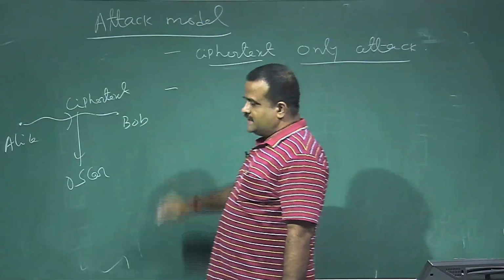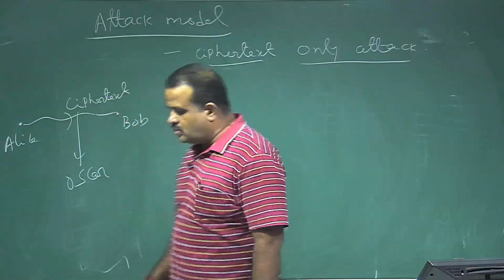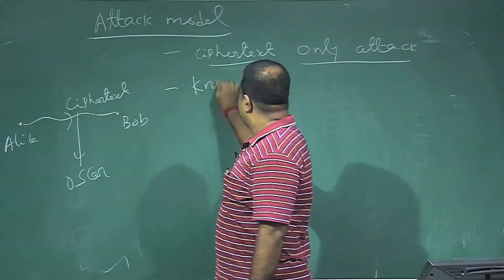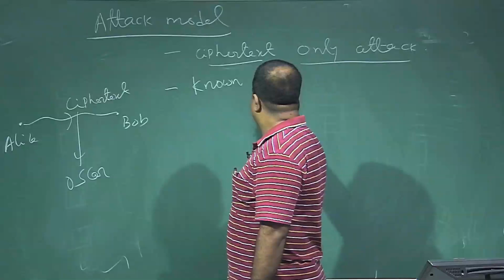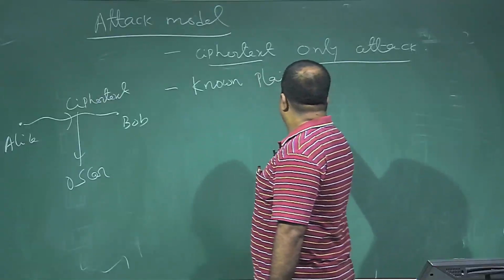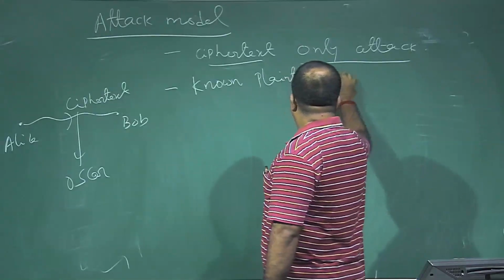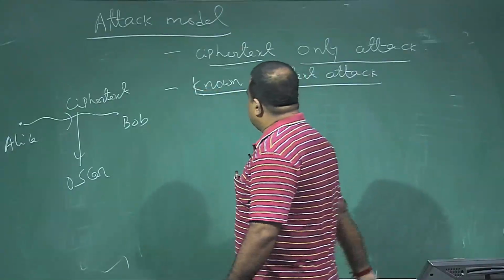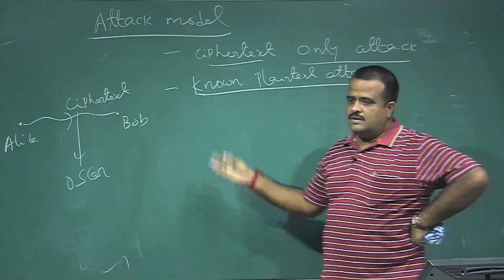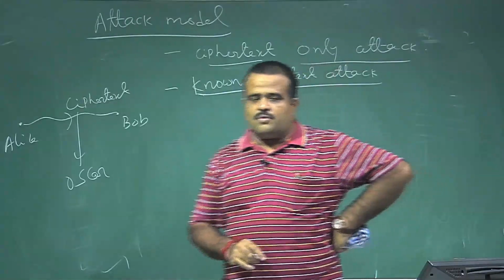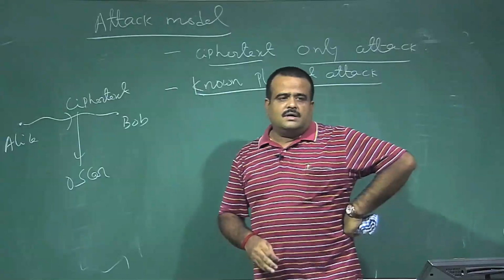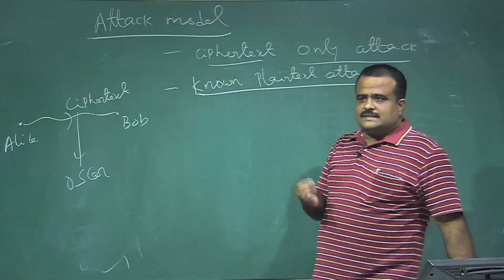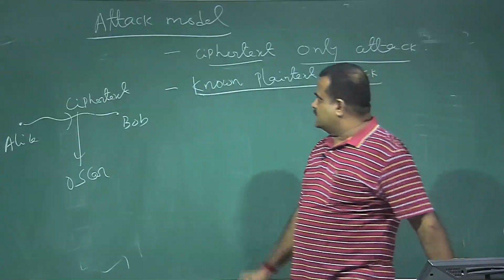That is this model, and the next model is the known plain text attack. In this attack model, Oscar has some plain text and the corresponding ciphertext.